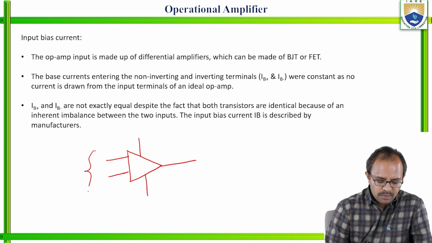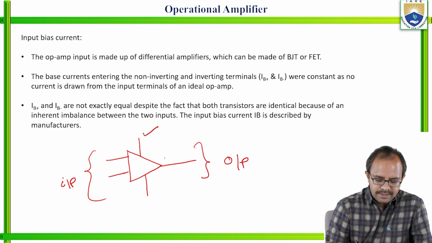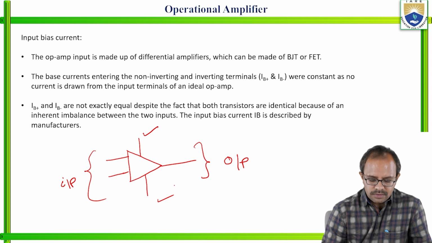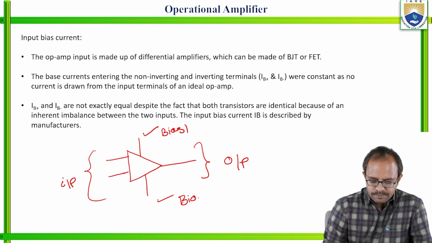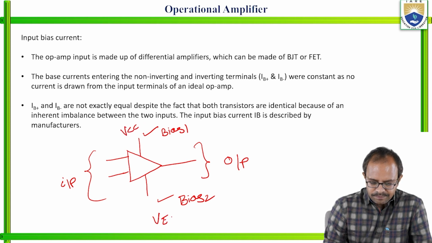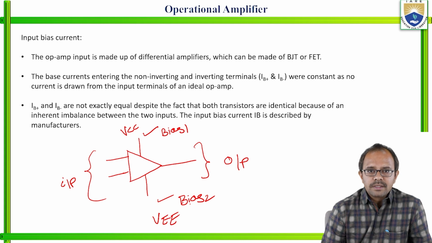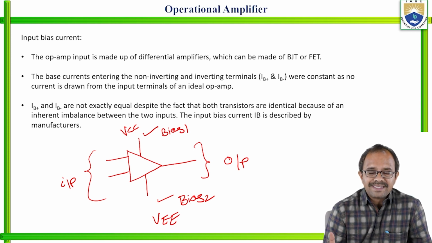These 2 pins represent the input, and this is the output, and this is bias, and this is also biasing. So here we will say this is bias 1, and this we may say bias 2. This bias 1 and 2 are nothing but positive bias, and the other is VEE, right?